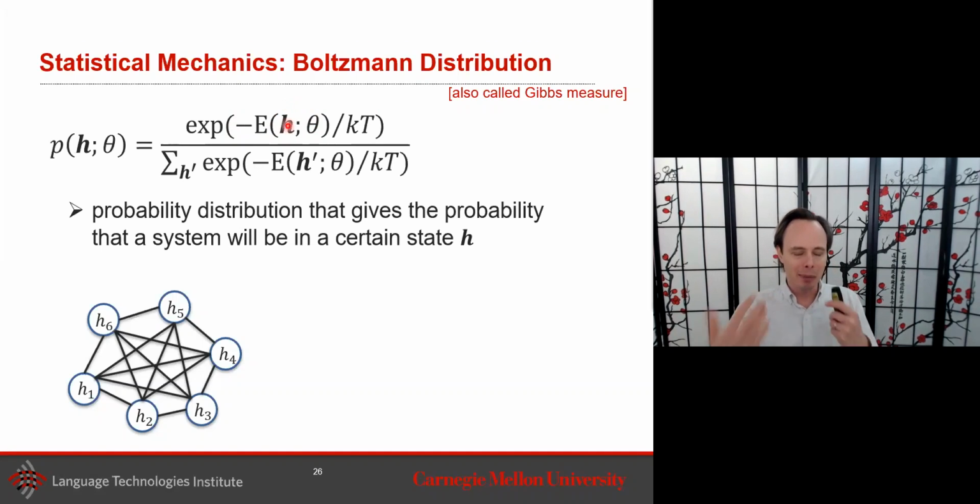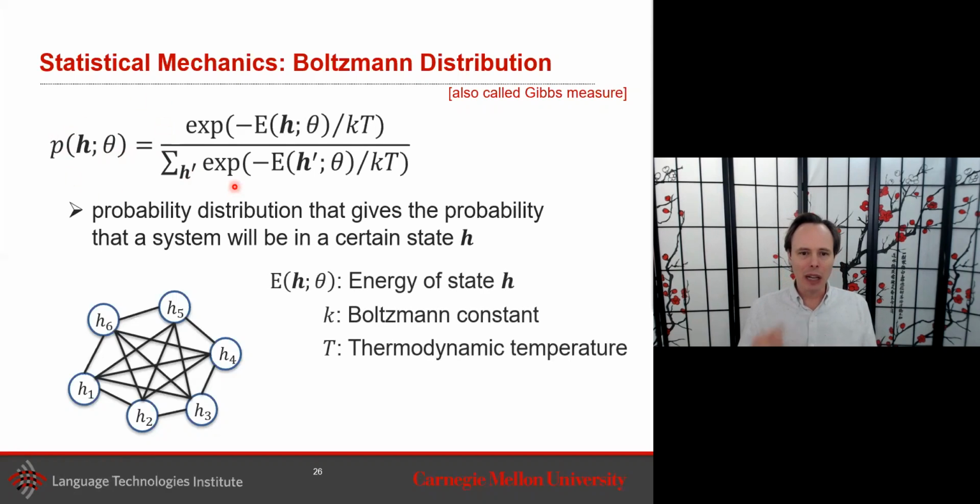The same idea is that I have some state, I have the potential of this happening, and then I divide by all of the possible other events, and that gives me a probability. So this is also called the Boltzmann distribution or Gibbs measure. This is a very key equation for a lot of models.